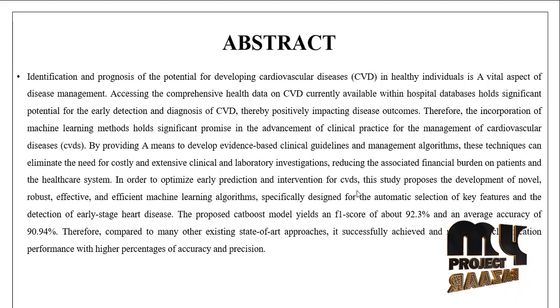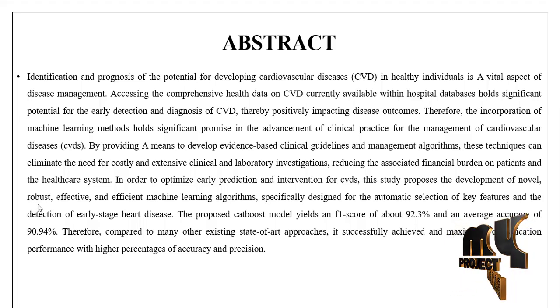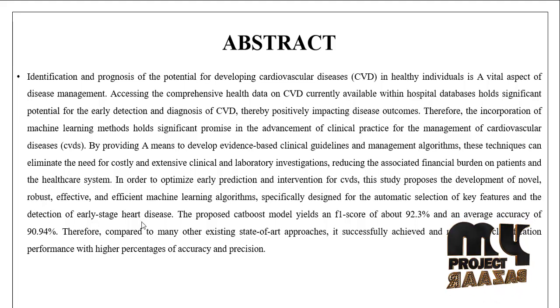interventions of CVD. These studies propose the development of a novel, robust, effective, and efficient machine learning algorithm, specifically designed for the automatic selection of key features and detection of early stage heart disease.